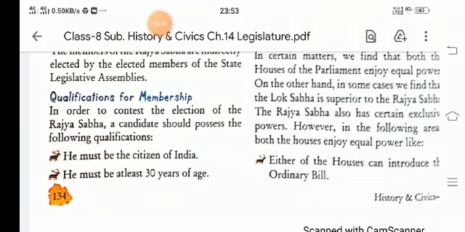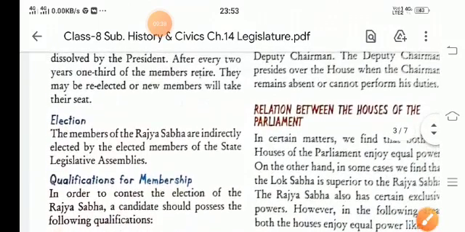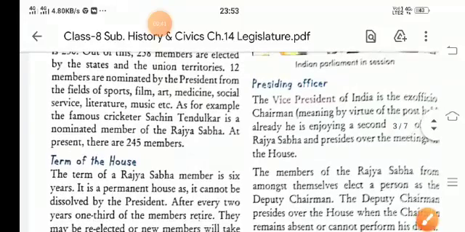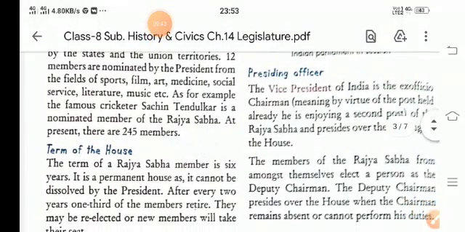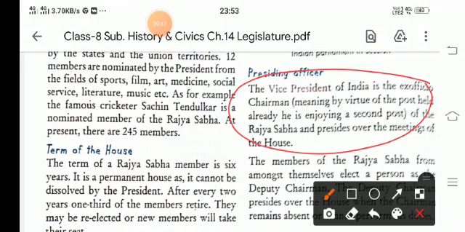Now, who is the presiding officer of Rajya Sabha? He is the vice president. The vice president is the presiding officer of Rajya Sabha. As you know, at present, Shri Venkaiah Naidu is the vice president of India, and he is the ex officio chairman.